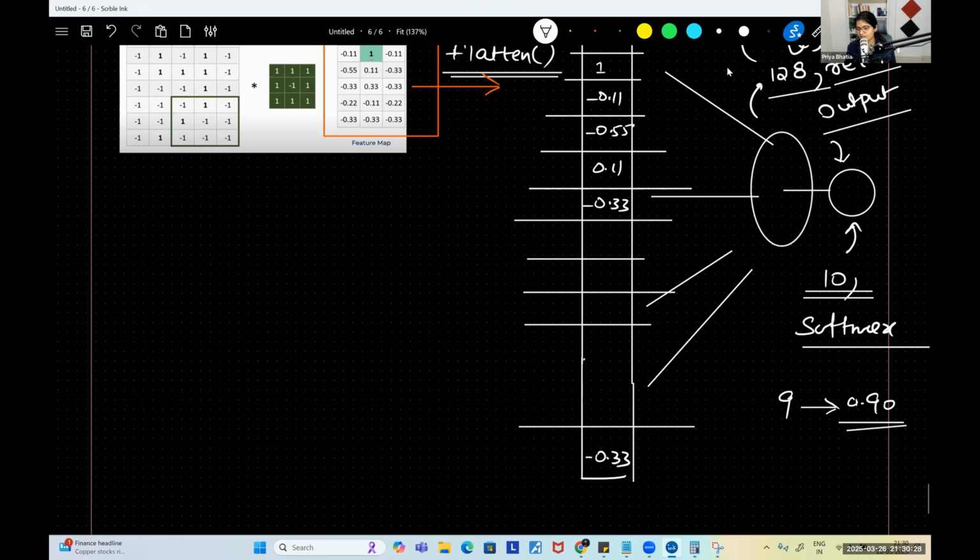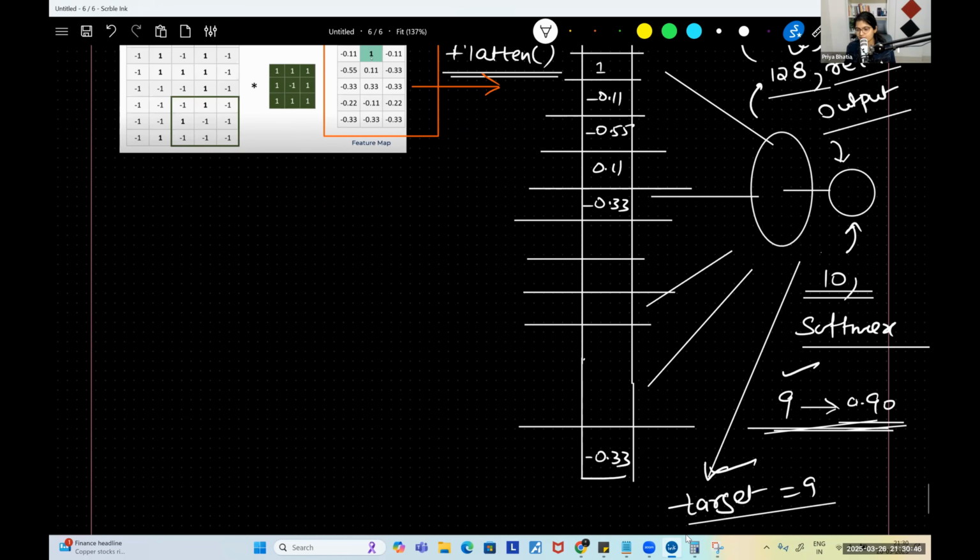In that case, it will map with the original image. What is the actual target value? Target is also 9. And our model is also predicting that the probability of 9 is high. Then it is good.